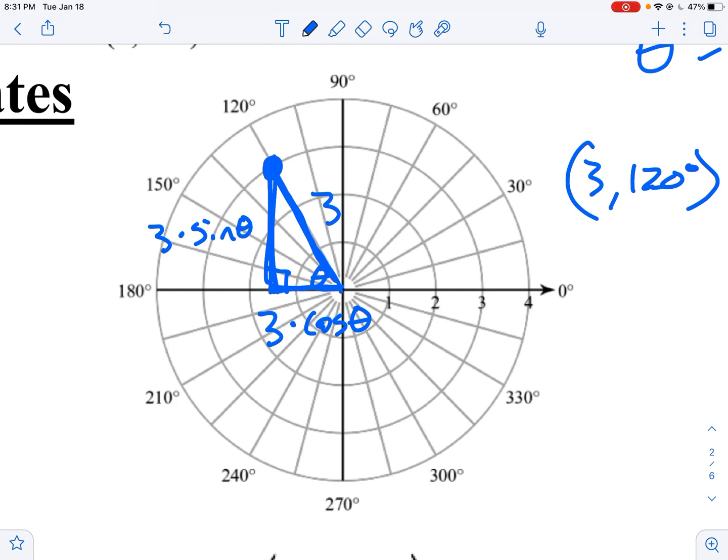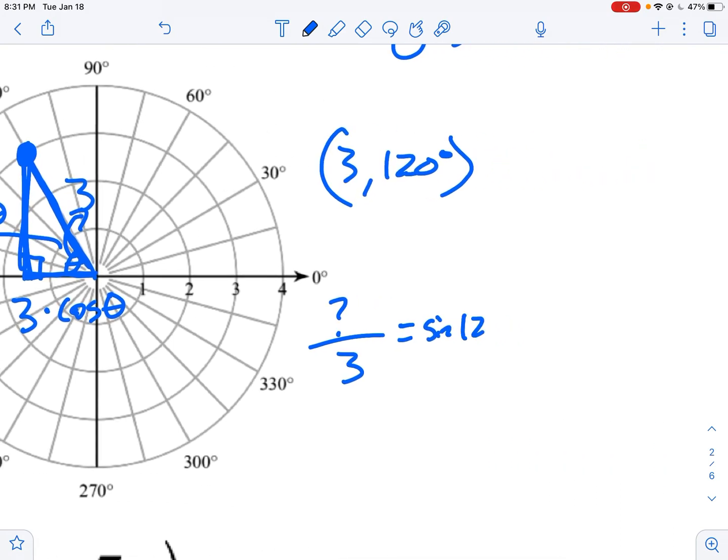It's pretty easy to get, because if this is your theta, then sine theta is opposite over adjacent, which is going to be something over 3, and then you can rearrange it, equals sine of 120, or whatever the angle. Then you can rearrange, just times by 3, and you can get your opposite length just by doing sine times your radius.